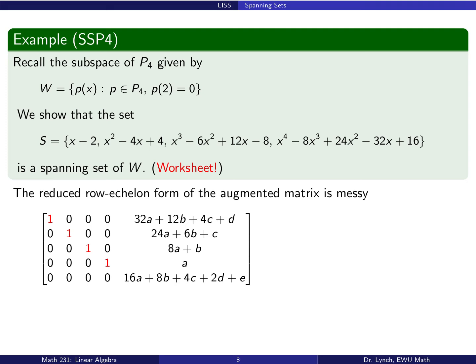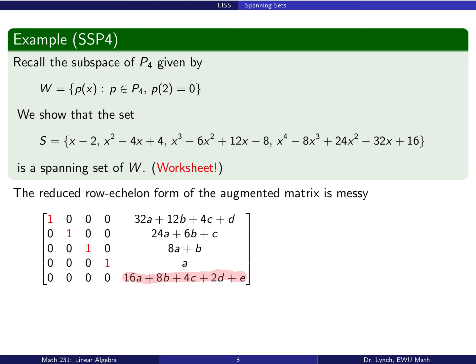Okay, so there's one possible problem here, and that one possible problem is a question of whether this element is 0, right? Because if this element is 0, then our system is consistent, and we see that R can be written as a linear combination of the vectors in S.